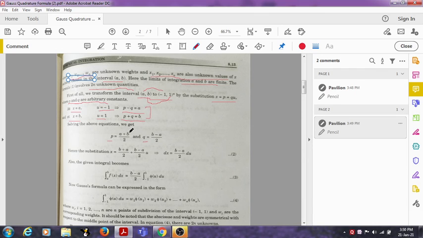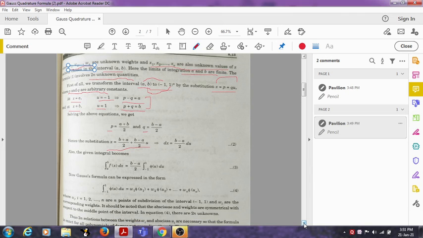Now put these values of p and q in this equation. After simplifying, we get x in terms of u. Differentiating, we find the value of dx, and we take this as equation 2.